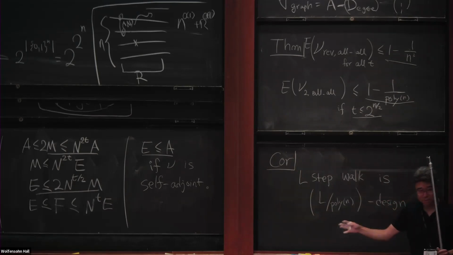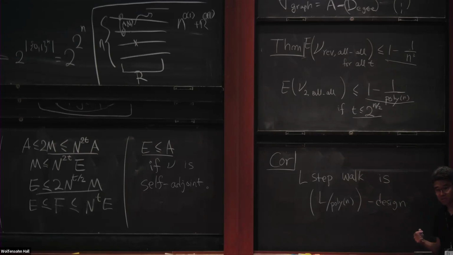So if you go to L steps, then the design parameter T, which basically measures the evenness of your final distribution relative to the Haar measure, grows linearly with the number of steps. This is a fixed polynomial, and this bound applies all the way up to this value.